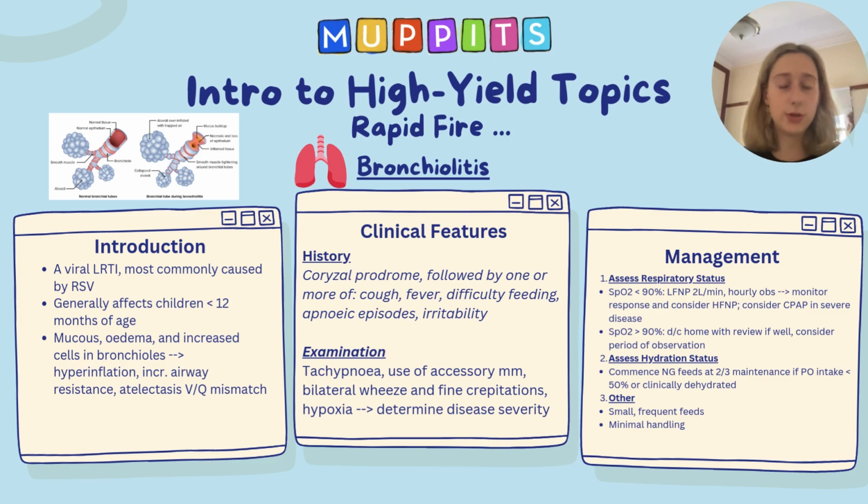So to ensure that they're still getting adequate fluids, it might be useful to reduce the timing between feeds, but they might be for reduced duration. And also handling the child minimally as well, to prevent them from becoming more irritable and then more hypoxic.